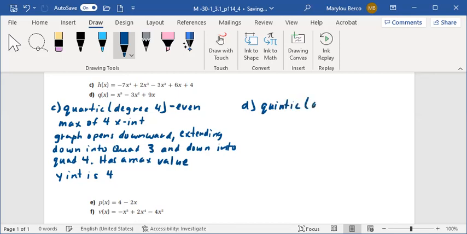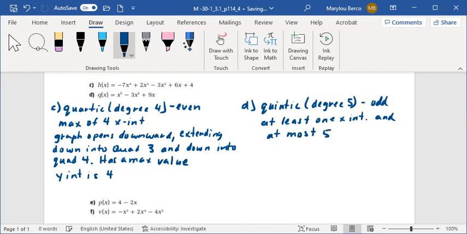It's degree 5, and it's an odd degree polynomial function, and it has at least one x-intercept and at most 5 x-intercepts.